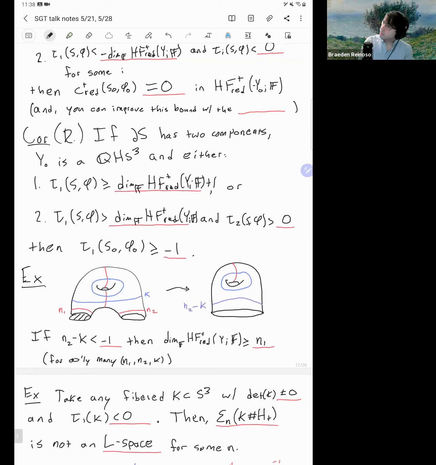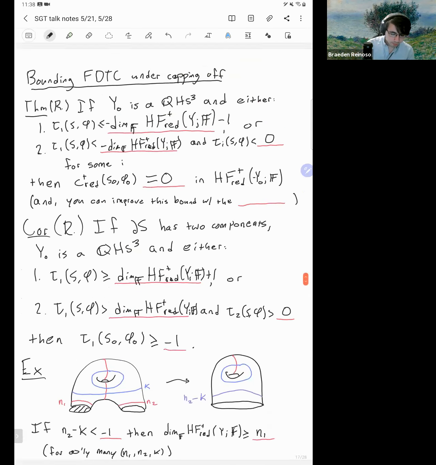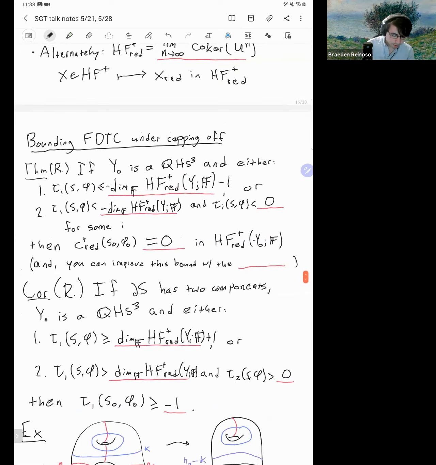That's a good question. So maybe one way that you could start to see fillability or non-fillability, etc., is that this theorem here is just telling you that your reduced contact invariant is 0 in this case. And it turns out that if you have, say, an indefinite filling, then your reduced contact invariant has to be non-zero.